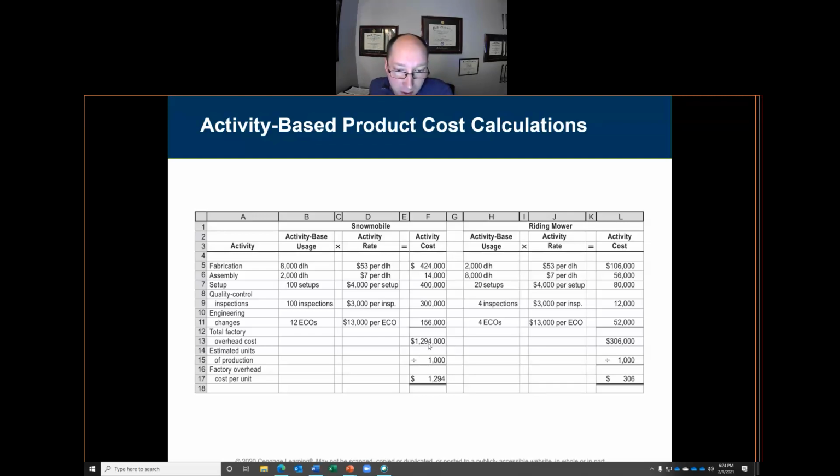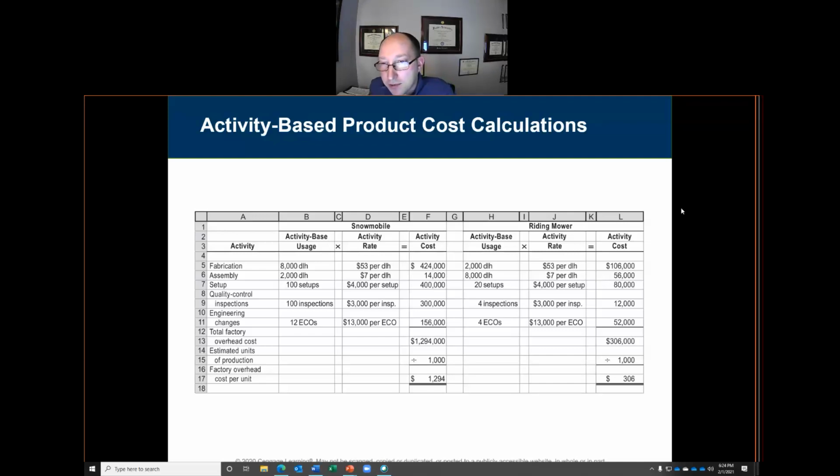So 1,294,000 divided by 1,000 equals $1,294 per unit of factory overhead. That means we apply $1,294 of overhead to each snowmobile. And then, of course, you add in your direct labor and direct materials to get the total cost, right?